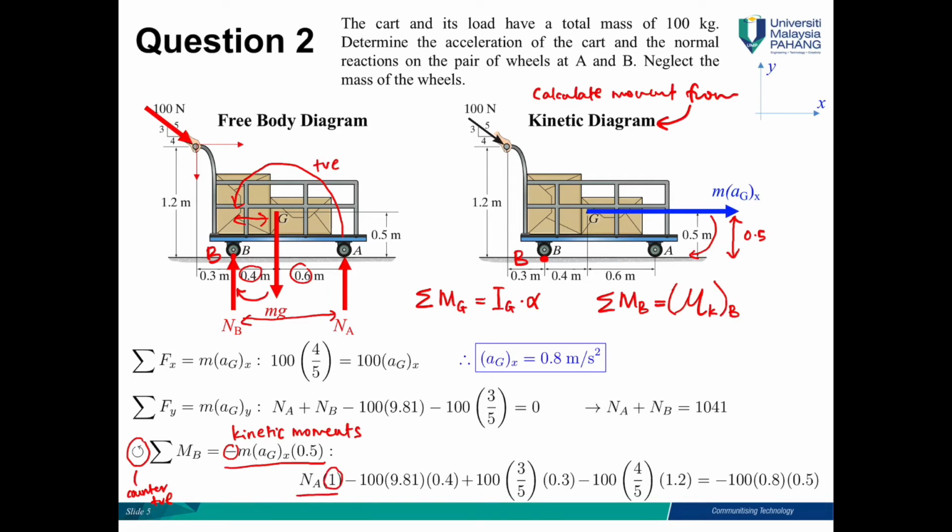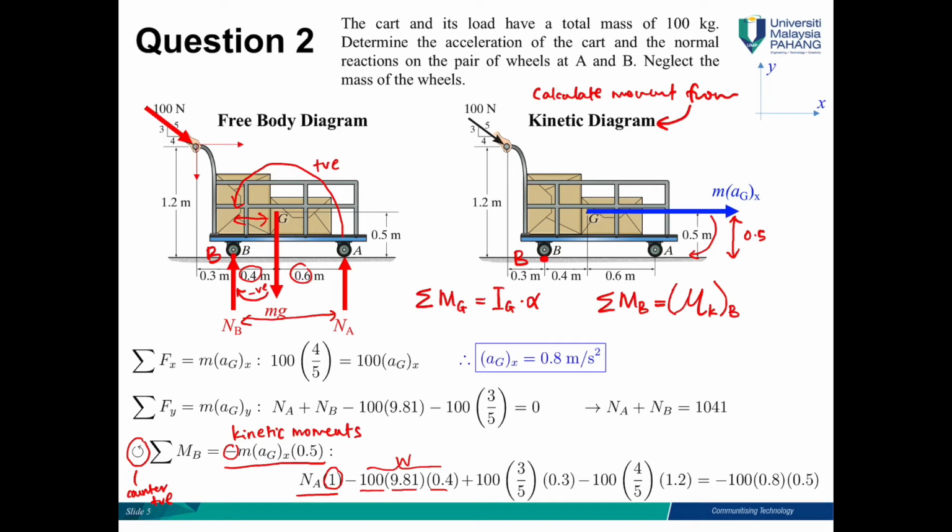The weight again is minus, because this is clockwise, mg going to point B, so it will be negative because we defined counterclockwise rotation as positive. So this will be minus, m is 100, g is 9.81, the horizontal distance is 0.4. So this is the moment of mg, of the weight.